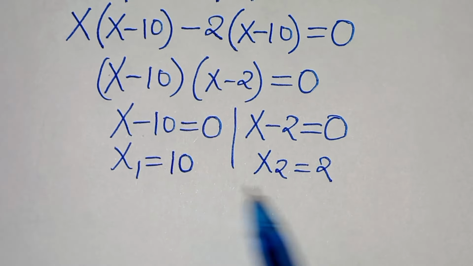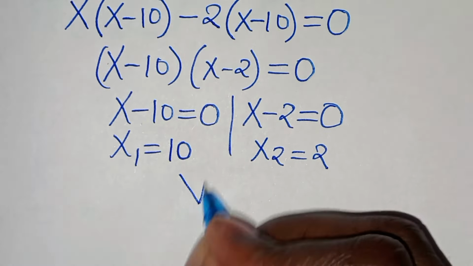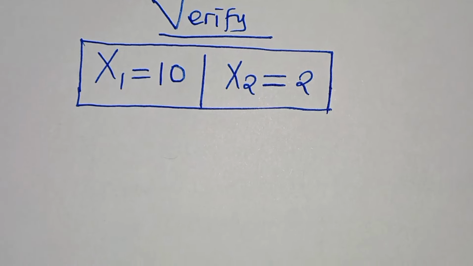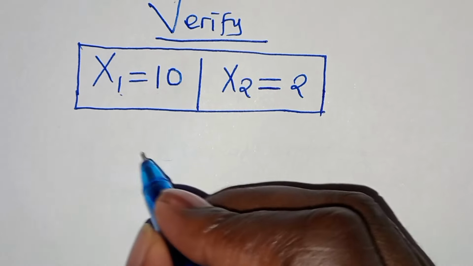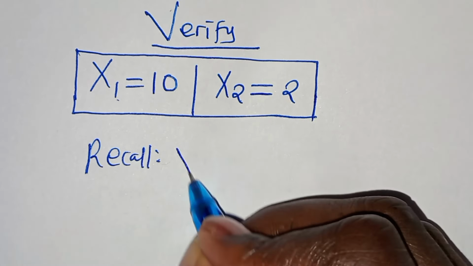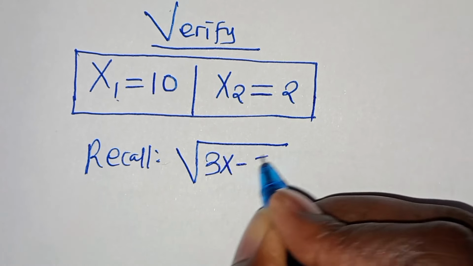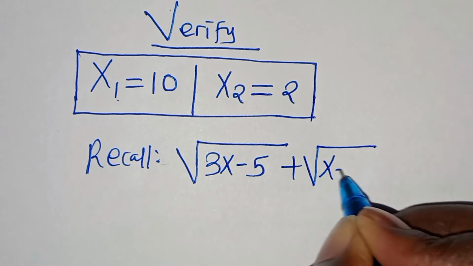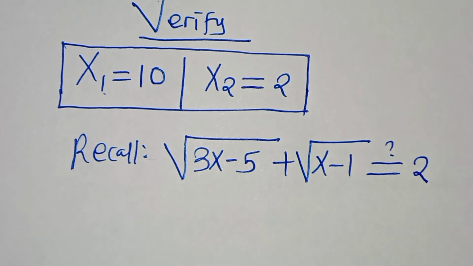So let's verify that x1 and x2 satisfy the equation. Now, if you recall, we have the square root of 3x minus 5, then plus the square root of x minus 1. This is supposed to give us a value of 2.